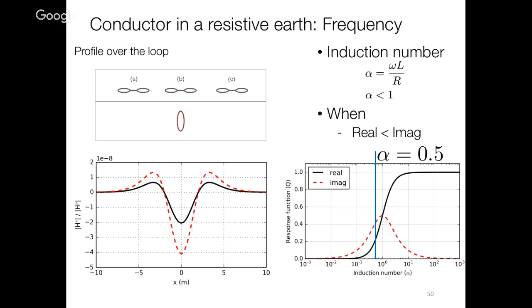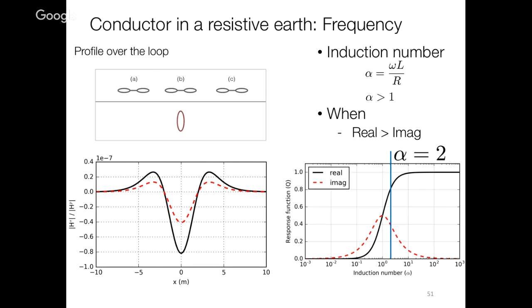And if you went the other way, so induction number was really large, you still have the same geometry, it looks the same. It's just that the partitioning between the in-phase and the out-of-phase changes, and in here, it's the real part.